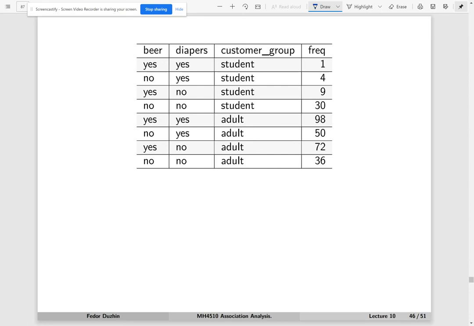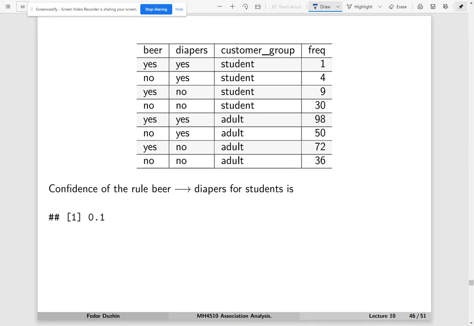In fact, there is this unobserved variable, customer group. Our customers are either students or adults, and it happened that they have different customer habits. Of course, students are probably less likely to buy diapers than adults.